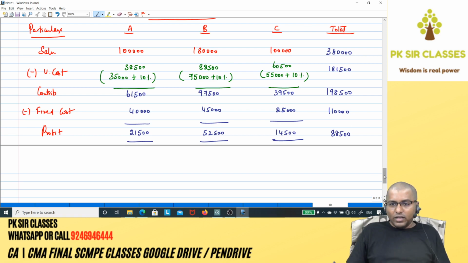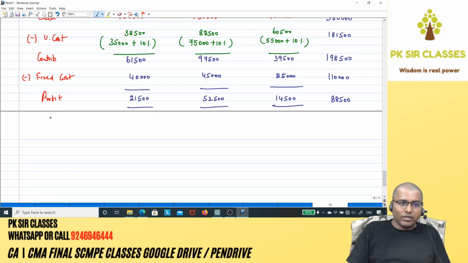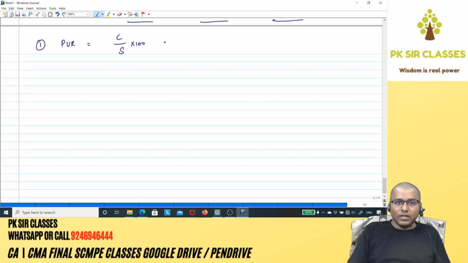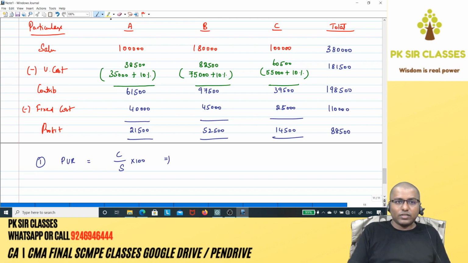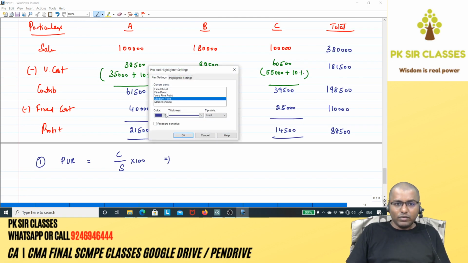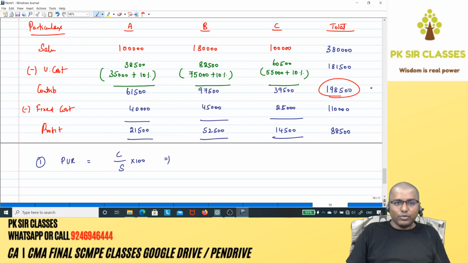Okay, now let's calculate the same stuff. We'll start with the first one. PV ratio is equal to contribution by sales into 100. So what is your contribution, guys? Here it is. Let me change the ink color, it will be easy for you. This is contribution, 1,98,500 divided by, what is your sales?